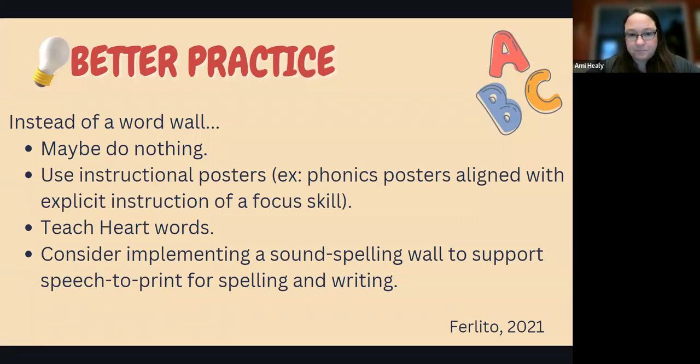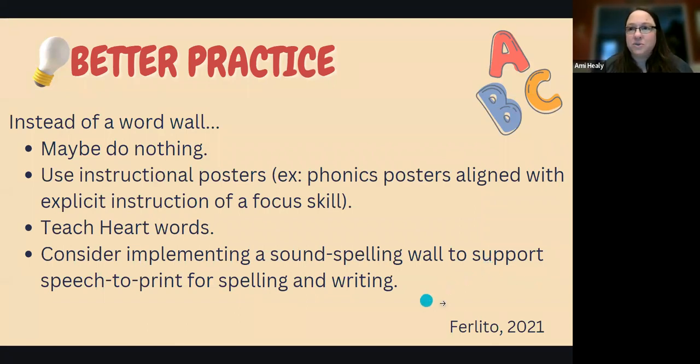First of all, Cheryl Filito has a resource in our resources about the science before sound walls, and she shares a lot of really good implementation considerations. These are just a few from there. Instead of a word wall, maybe the first thing you do is nothing. Maybe you just don't put anything in its place.